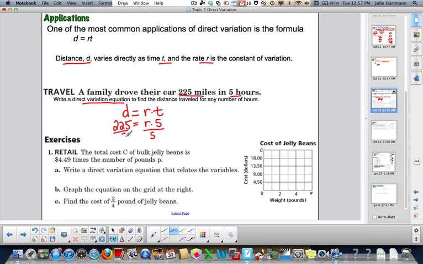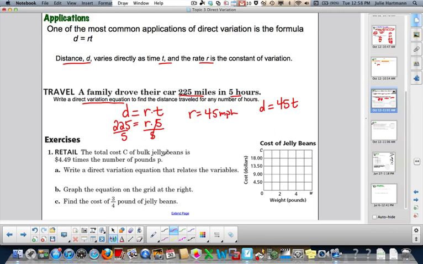So divide by 5. And you get r equals 45. So that would be 45 miles per hour is your rate. So your equation, d equals 45t. And then you can put in any number of hours to find the distance traveled.